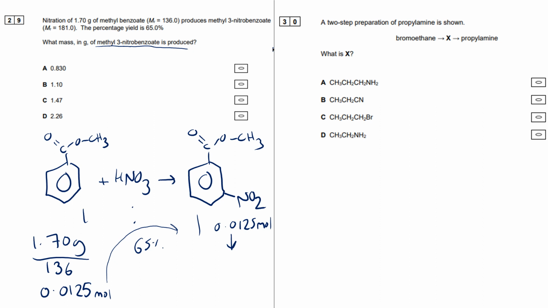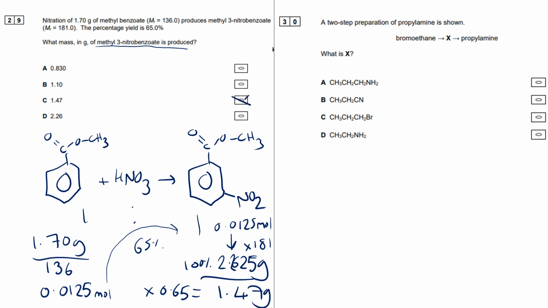So if we could make 0.0125 moles at most, multiply that by the Mr of our product, which is 181, 100% yield would mean we would produce 2.2625 grams, and therefore if that's 100%, times that by 0.65 or 65% to tell us what we actually made, and that is 1.47 grams. So C is your correct answer here.